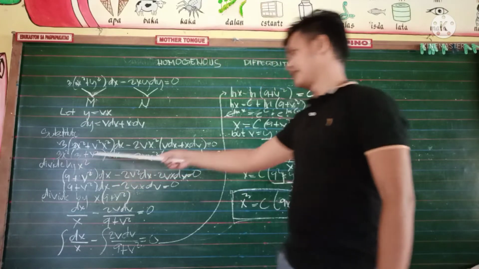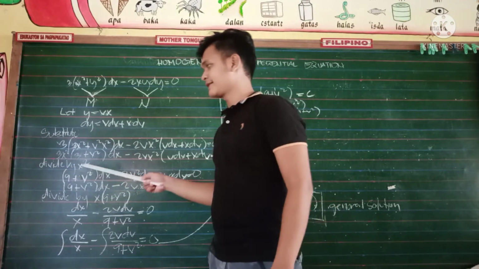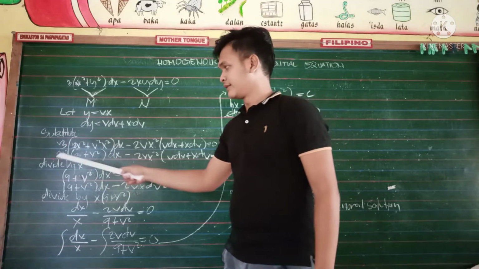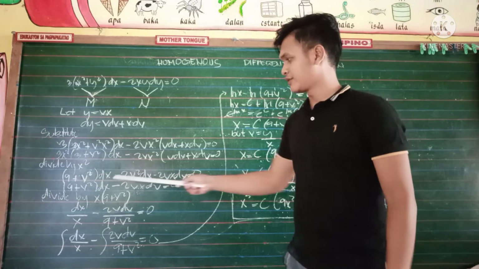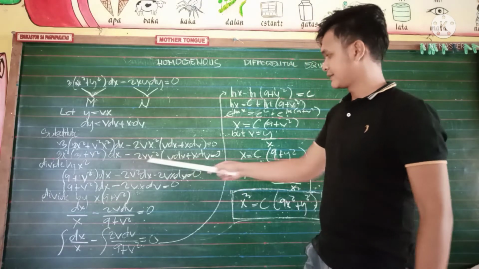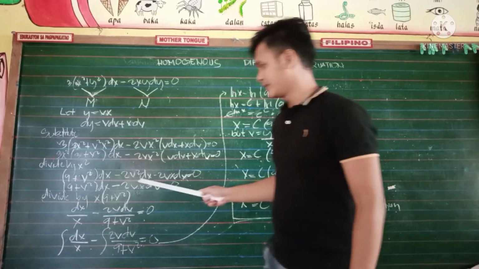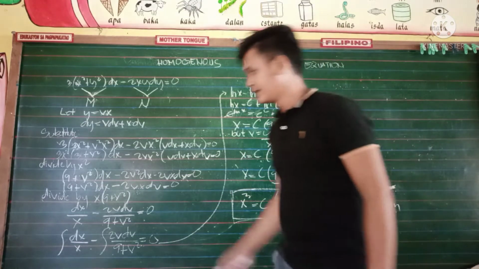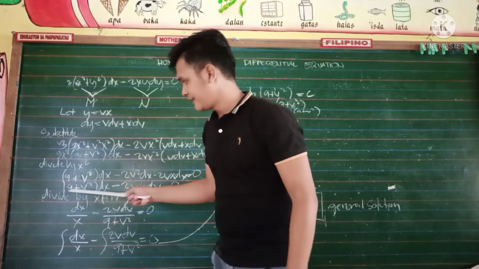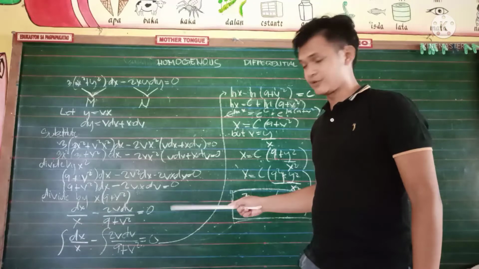They both have x squared, so we divide both sides by x squared and cancel it out. Distributing, we have (3 plus v squared) dx minus 2v squared dx minus 2vx dv equals 0. And (3 minus v squared) dx minus 2vx dv equals 0.